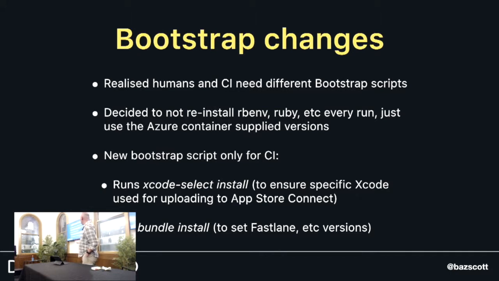So essentially the new script runs an Xcode select just to make sure the right version of Xcode is available, which is really a Fastlane upload thing, to make sure that Fastlane can actually upload using the right version of Xcode to the App Store. And it does a bundle install to make sure that the versions of Fastlane and something else I can't remember are correct. So it doesn't do much anymore.